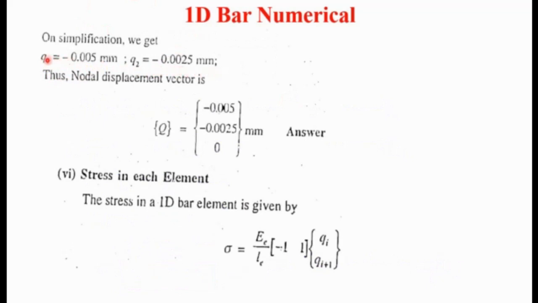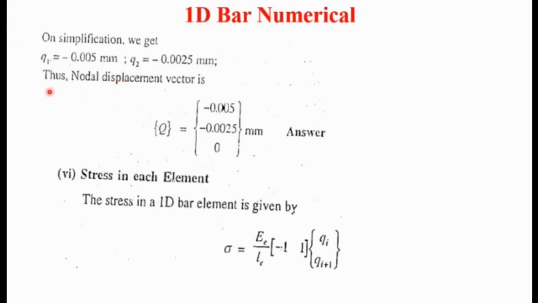These are the values of the nodal displacement. Q1 is the nodal displacement at node 1, and Q2 is the nodal displacement at node 2.